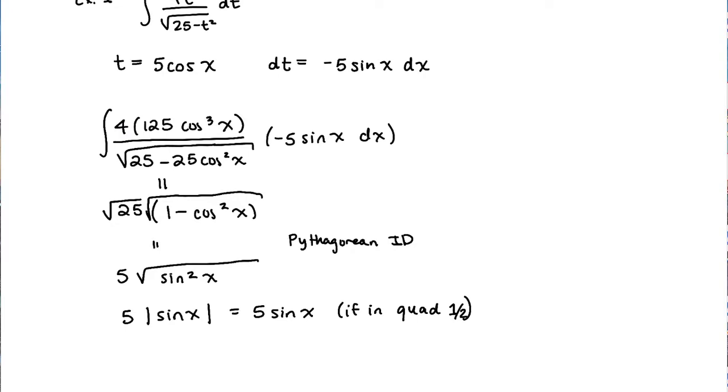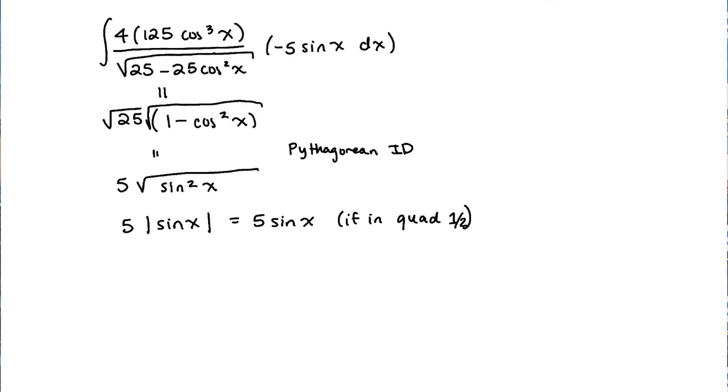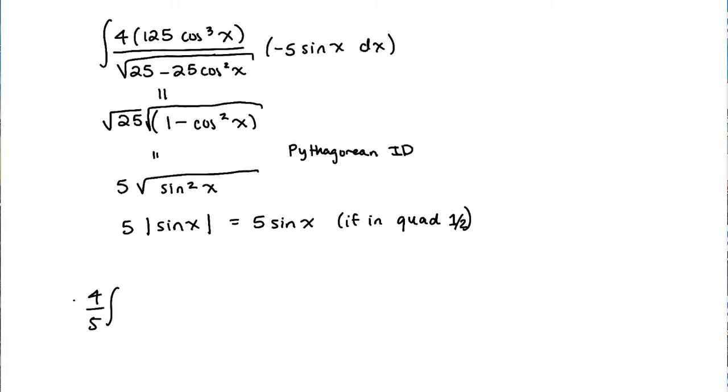Okay, and then let's simplify the integrand now that we have that. So we have 4 over 5, and there's also a 125, so we can pull that out and simplify that in a second. We have cosine cubed over sine x times negative 5 sine x dx. The negative 5 comes out.